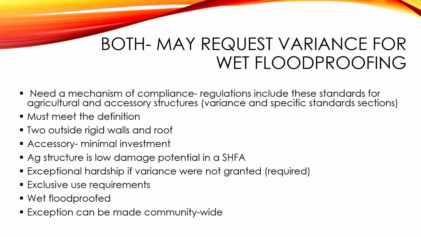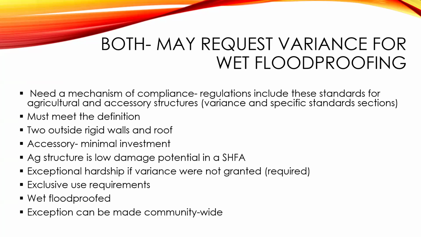Again, it has to count as a structure, minimal investment, an ag structure that's low damage potential and isn't going to leach something into the floodwater or potentially cause an explosion or become debris.